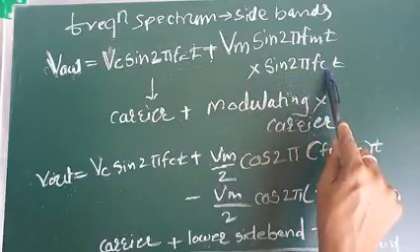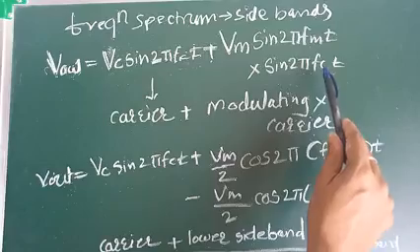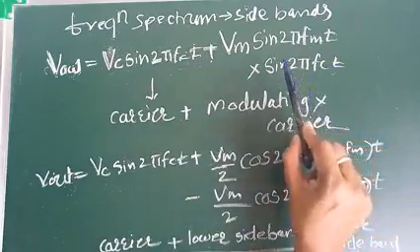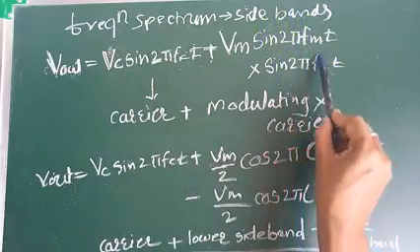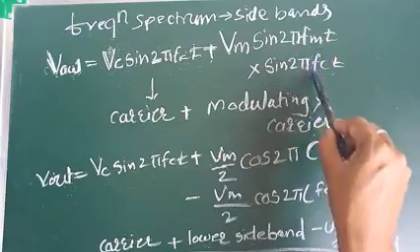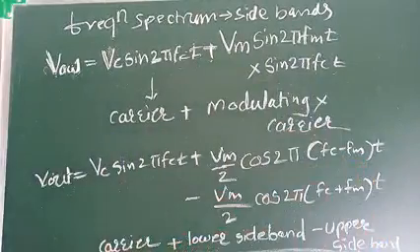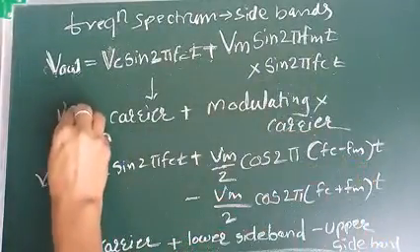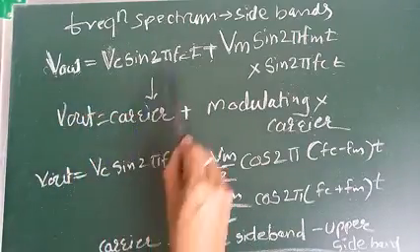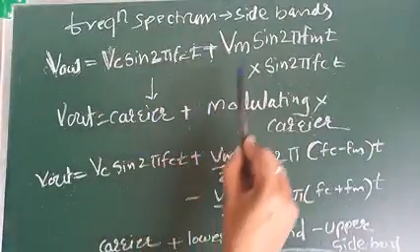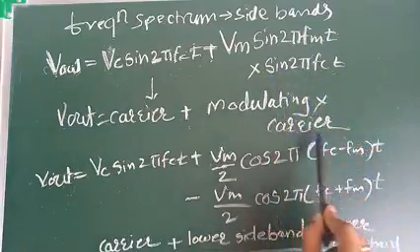This is nothing but the equation for the carrier wave, because fct represents the frequency of the carrier. Hence this overall equation can be written as V out is equal to carrier plus modulating wave multiplied by carrier wave.